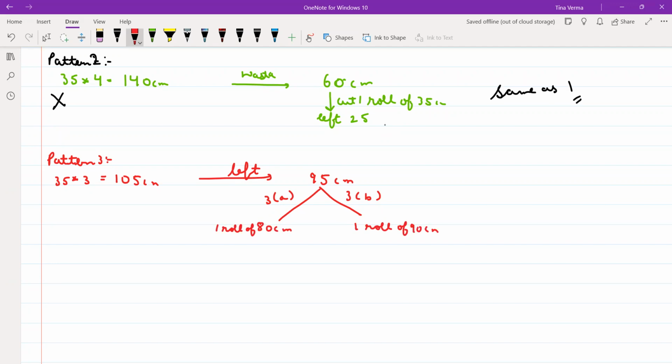So if I cut one roll of 80 centimeter from 95 centimeter, कितना waste होगा, 15 centimeter. And if I cut 90 centimeter roll, then I will be left with 5 centimeter. So these are the patterns which have not come earlier. Okay, so these patterns we will consider while formulating it, right?